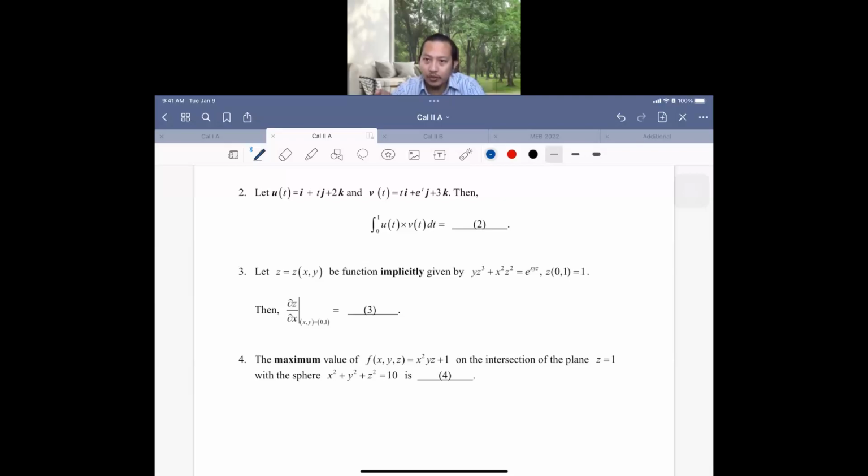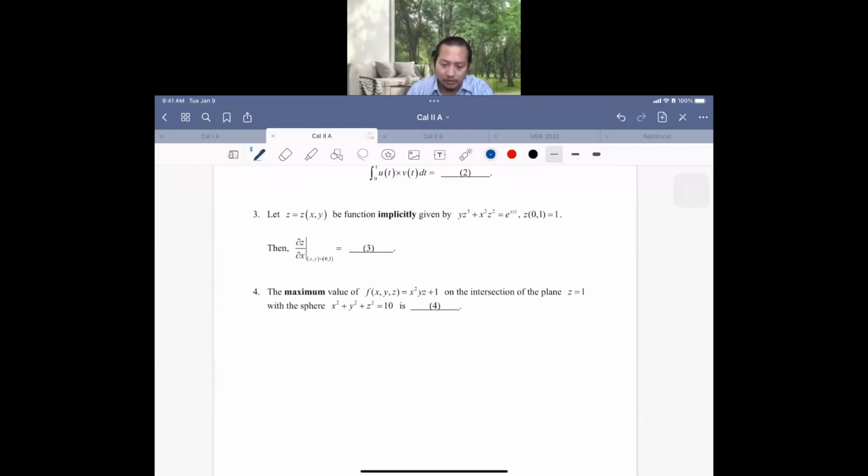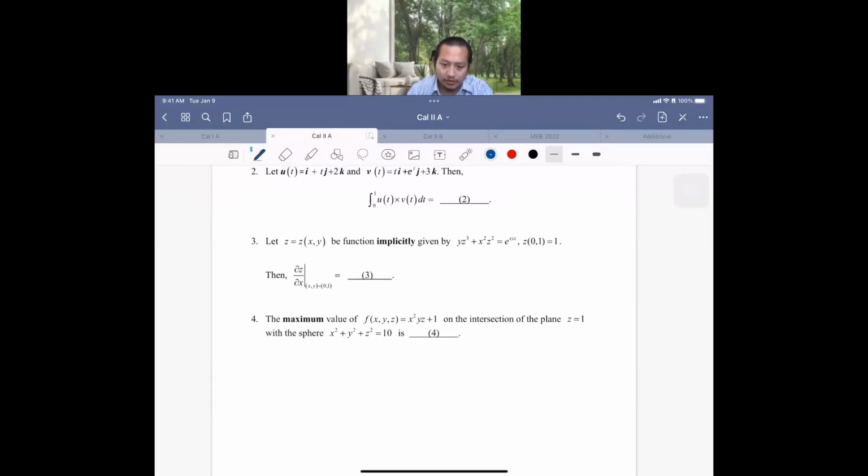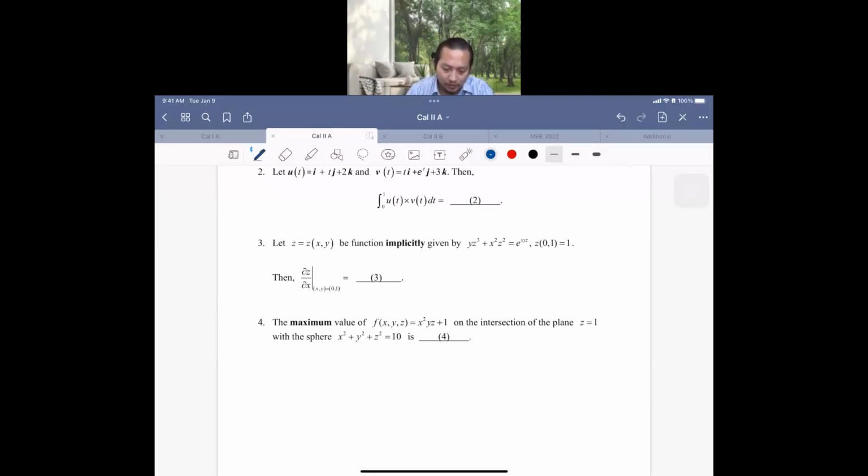Okay, maybe I can start with number two, and then we can follow up the other question as well. So we can start with taking the cross product.